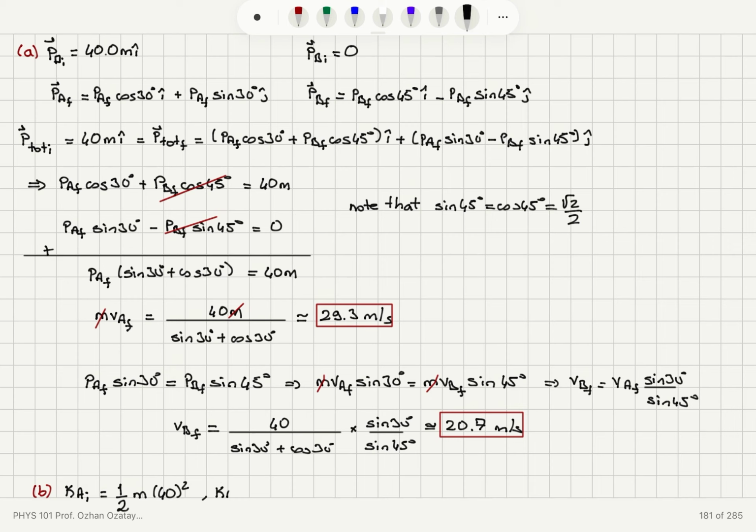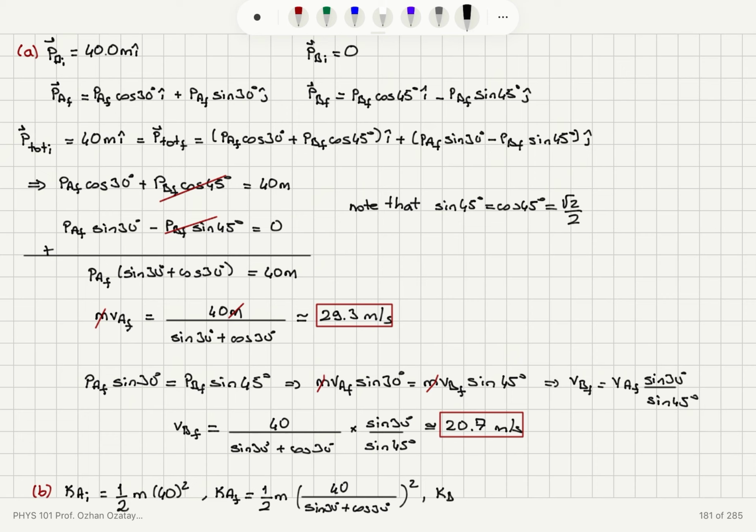And what is the final kinetic energy of asteroid A? It is 1/2 m VA final squared, which is 40 divided by (sine 30 plus cosine 30) squared.